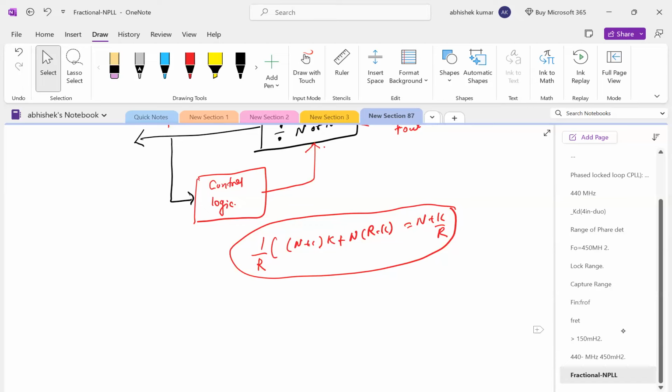In every R cycles, it configures the divider to N plus 1 for K cycles, and to divide by N for the remaining R minus K cycles. So in this way the fractional PLL works.